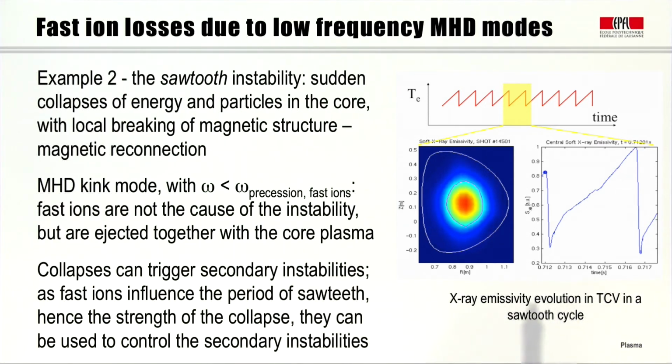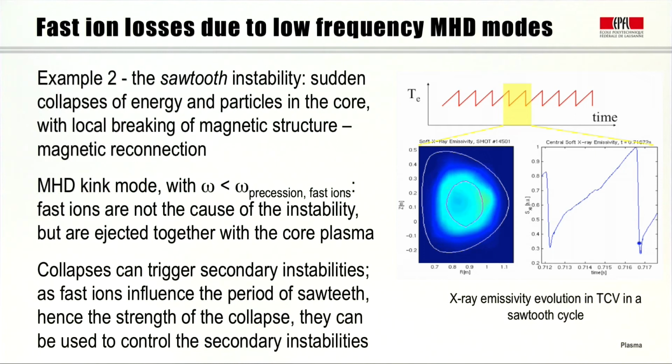This phenomenon, in fact, is being illustrated as we speak on the little movie on the right, which shows the X-ray emissivity evolution in the TCV tokamak over a sawtooth cycle. These sudden collapses are a problem not only because they kick out the fast ions and the core of the plasma, or disturb the central region of the plasma, but also because they can trigger secondary instabilities.